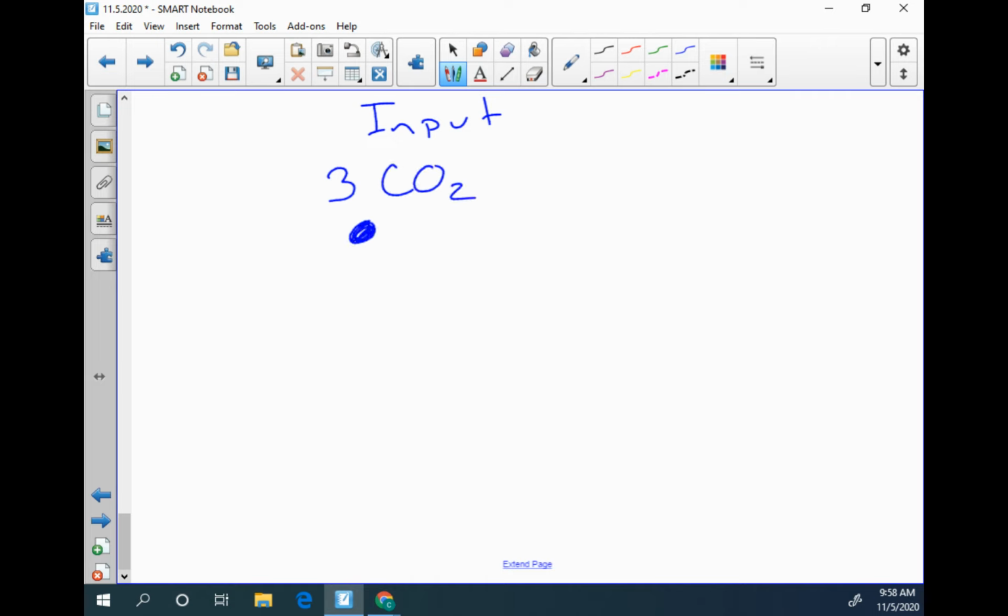That's a carbon. That's a carbon. That's a carbon. That's how we start, but they're fixed one at a time. I don't know why I have 3 there. Yeah, we've got 1 per cycle.